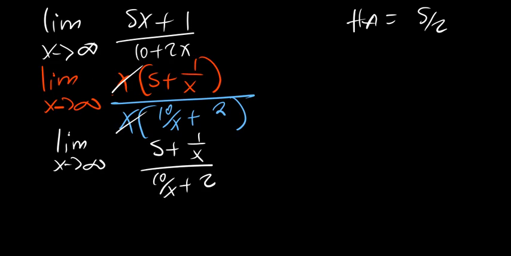I told you that wherever you find any number divided by x, now we are plugging in infinity, any number divided by infinity is 0. Now I want to plug in the value.